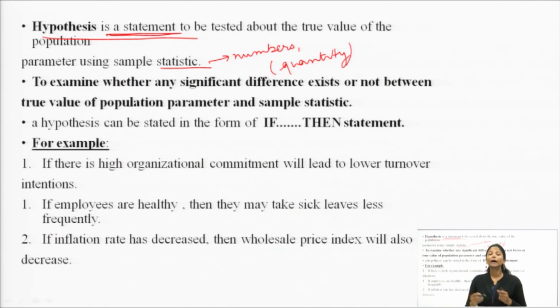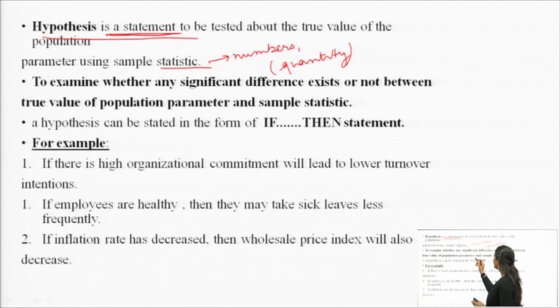We are talking about the sample size, what the sample size should be. But when we talk about hypothesis, we talk about large samples, as we have already discussed in slide number 1, to examine whether any significant difference exists between true values of the population parameters and the sample statistics. What we want to find out is whether there is any difference between what we are studying and what is already there.